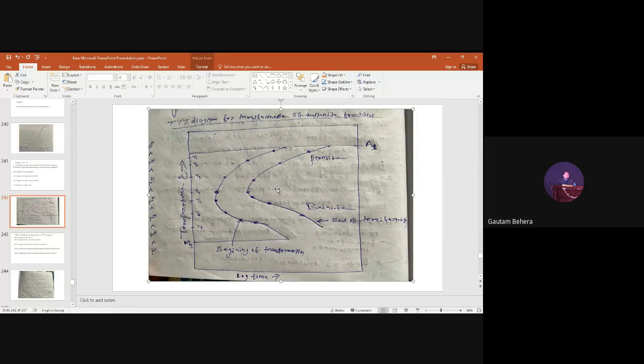If it shifts towards the right, that means the incubation period is increasing. Initially the incubation period was this one, but due to addition of alloying element, the start curve becomes this one and the end curve becomes this one. So the incubation period is increasing. That means the relative stability of austenite is also increasing, right?